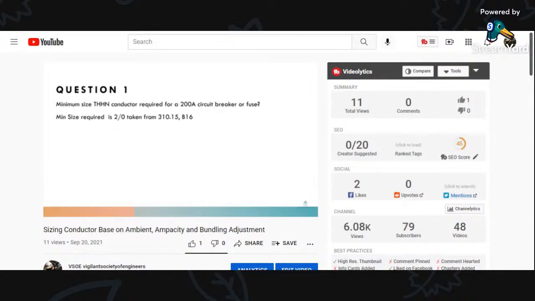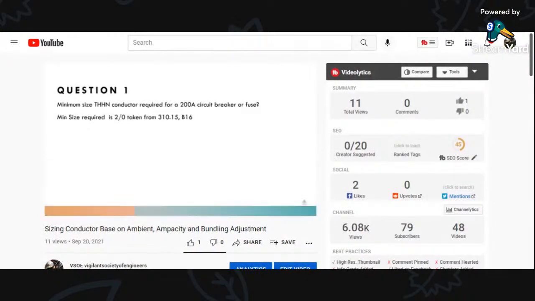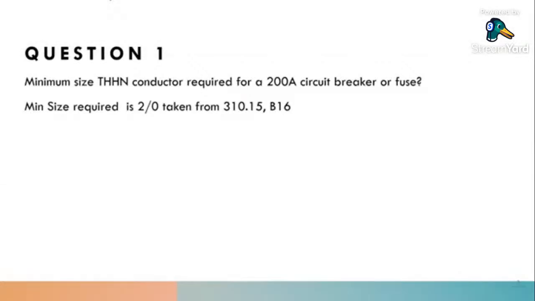All right, so the minimum required ampacity will be determined based upon Table 310.15(B)(16) within the article of the National Electrical Code. In determining that size, we've got a 2-aught conductor of THHN.